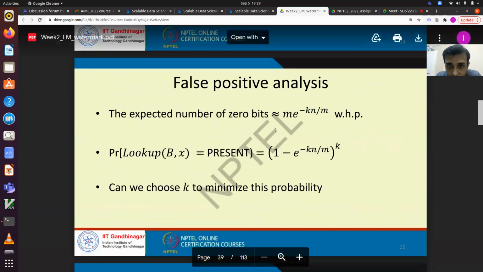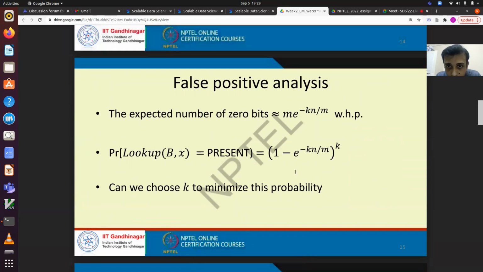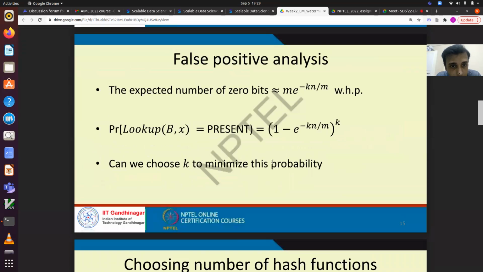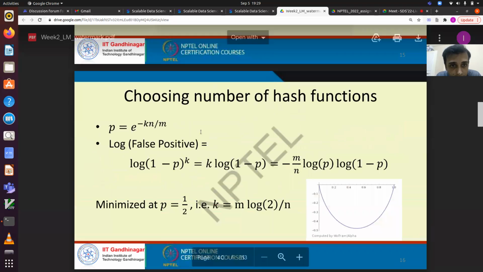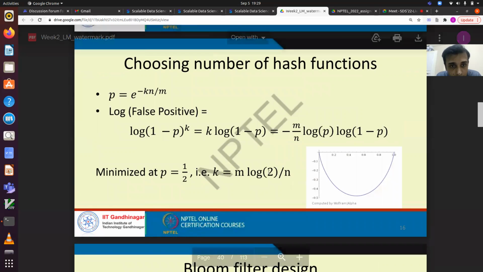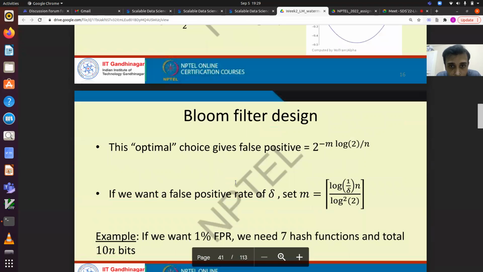So it's telling the expected number of 0 bits is this. The probability of lookup is 1 minus that expected value, and we have to choose to minimize it. So now to minimize it, we take the log and set the derivative to 0. And so it is set to log 2 by n.